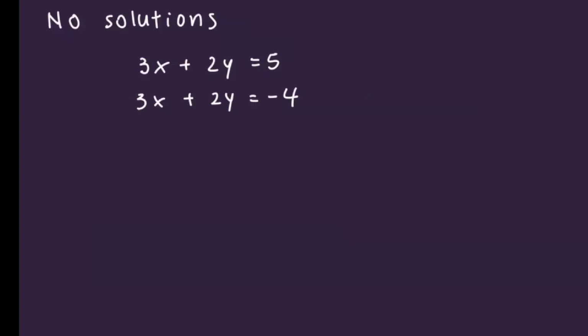A system of equations will have no solutions when the left sides of the two equations are the same and the constants are different. Like this example has no solutions because 5 is different from 4, and there is no x and y that can possibly satisfy both equations at the same time.